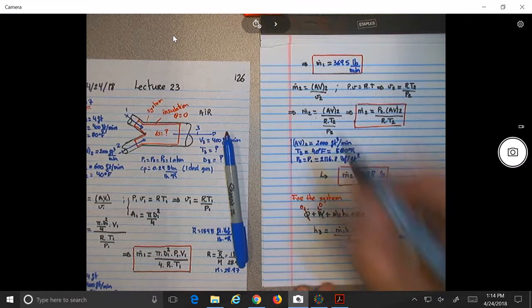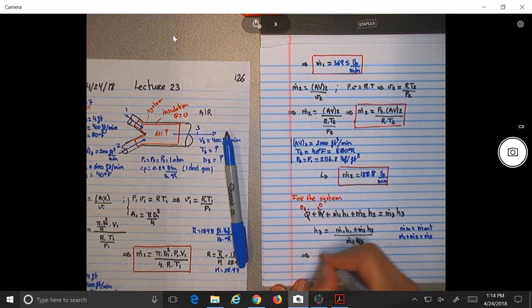So really we could rewrite this expression as H3 equal to M1 H1 plus M2 H2 divided by M1 plus M2.